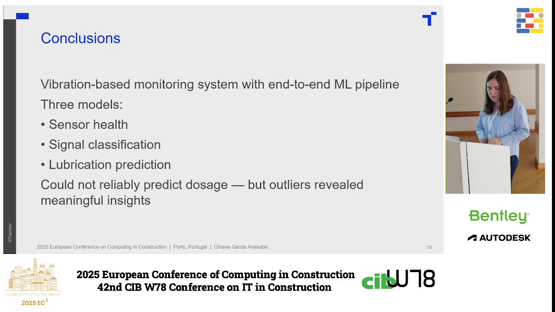So as a conclusion, we built an MLOps pipeline to monitor the vibrations of the subway. We did 3 models: one for the accelerometer's health, another for the signal classification, and the last one for the lubrication prediction. This third one could not reliably predict the dosage of the lubrication, but the outliers can give us more meaningful insights.